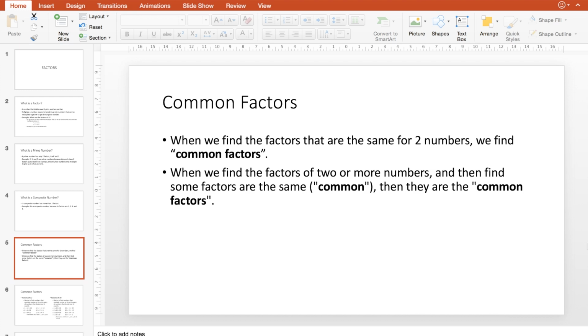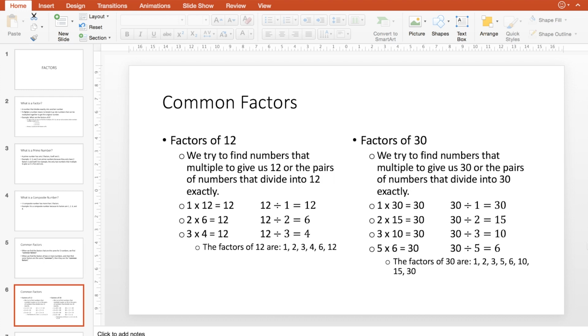Now let's look into an example that'll help us out. We have to find the factors of 12 and the factors of 30. Well, this is easy. To find the factors of 12, we want to find numbers that multiply together to give us 12. We have 1 and 12, 2 times 6 gives us 12, and 3 times 4 gives us 12. So the factors of 12 are 1, 2, 3, 4, 6, and 12.